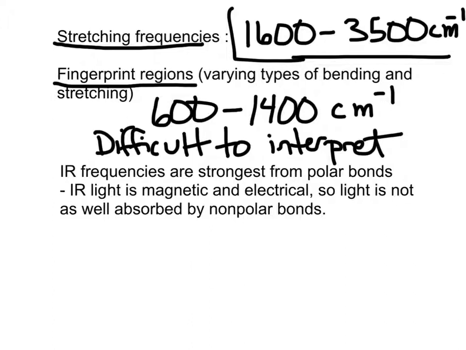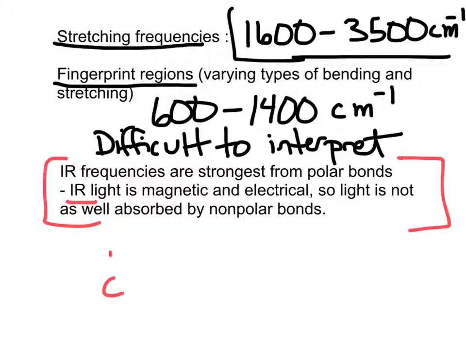One other point that I'd like to make is that the IR frequencies are usually strongest for polar bonds, and the reason behind this is that the infrared is essentially light, and light has magnetic and electrical components to it. So the light is better absorbed by things that are polar and have certain magnetism and electrical separation. So nonpolar bonds do not absorb well.